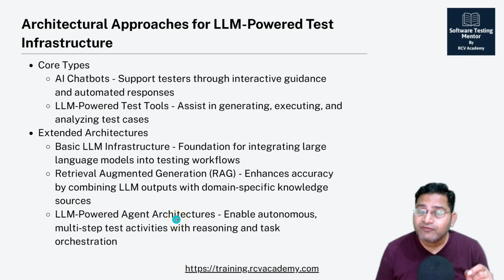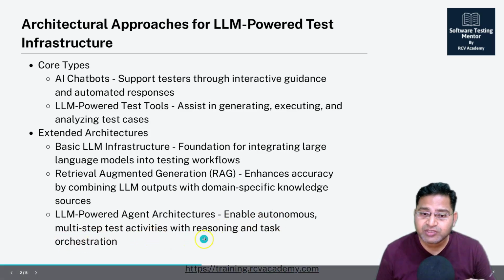That's the power of AI agents, agentic AI and MCP servers. So that's the other extended architecture, which enables autonomous multi-step test activities with reasoning and task orchestration. I'll give you an example of this with VS Code, but let's finish this section first.